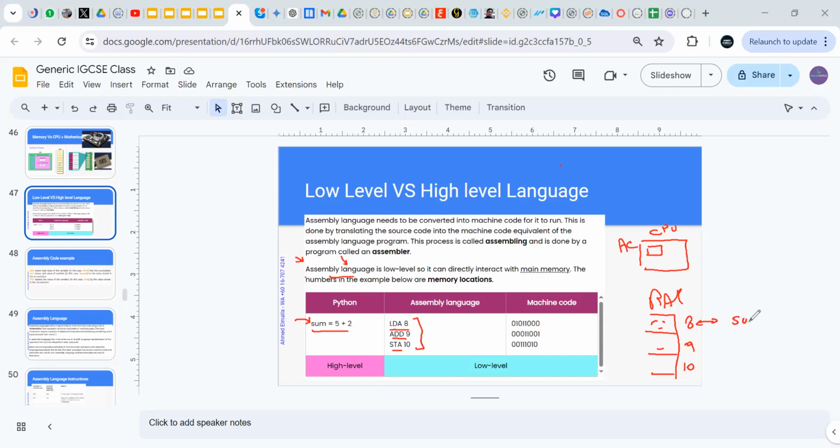The sum, which is a variable, maps to a specific memory address. In this case it should be 10, the place where we store the result of this addition. We are adding 5 plus 2, so maybe address 8 has 5, address 9 has 2, and at the end he puts 7 inside position 10 in the RAM.